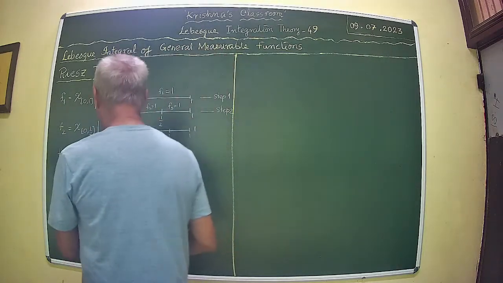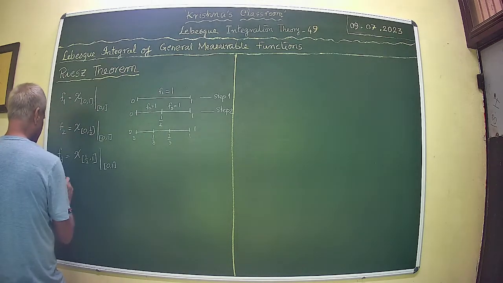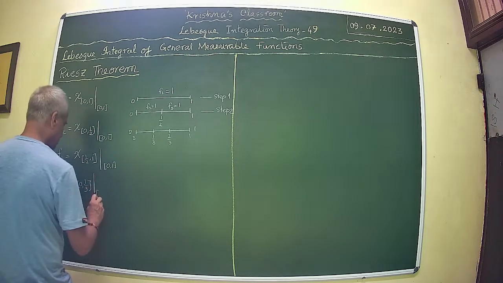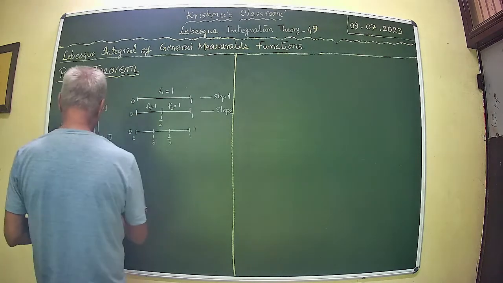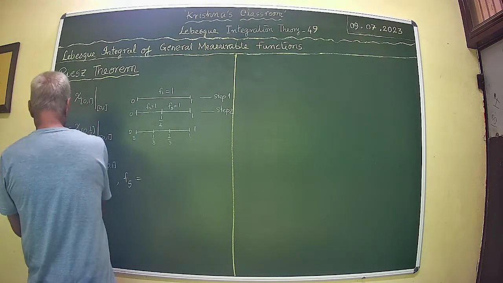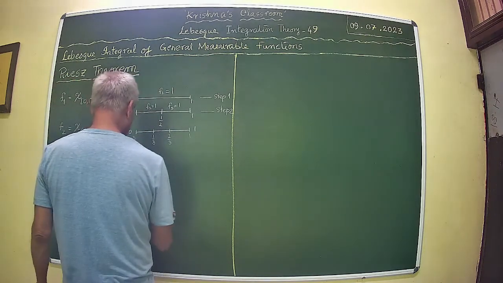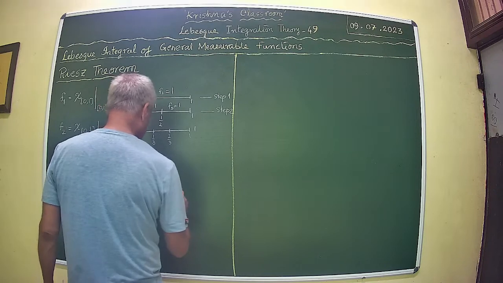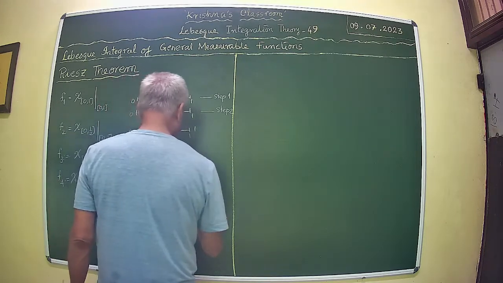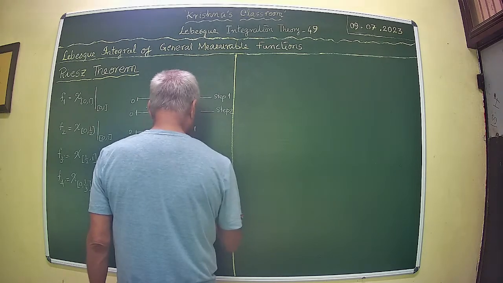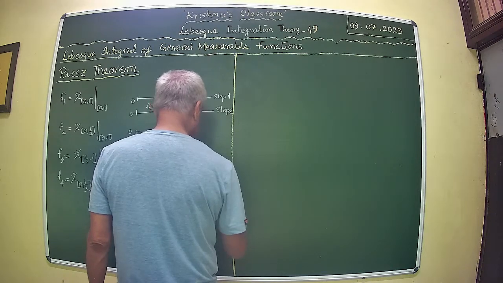And then define three functions: f4, f5, and f6 defined as the characteristic function of 2 by 3 to 1 restricted to 0, 1.